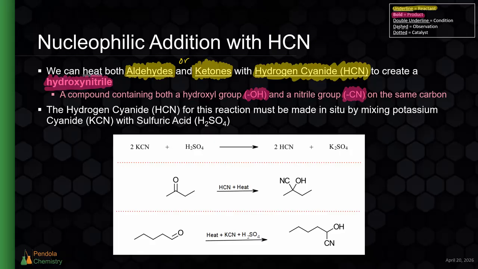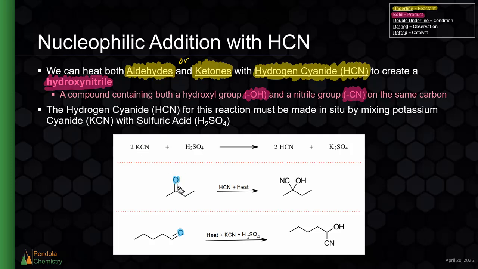So essentially what's going to happen here, if we look at the reaction below, is that if we have an aldehyde or a ketone, so we have aldehyde in the bottom, ketone at the top, the oxygen that takes part of the carbon-oxygen double bond in the carbonyl group is going to get reacted with. The double bond, or the pi bond, should I say, in the double bond is going to break.